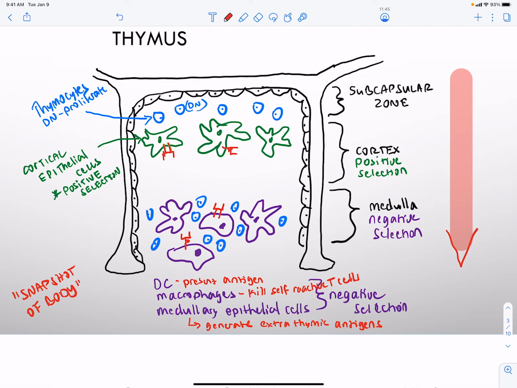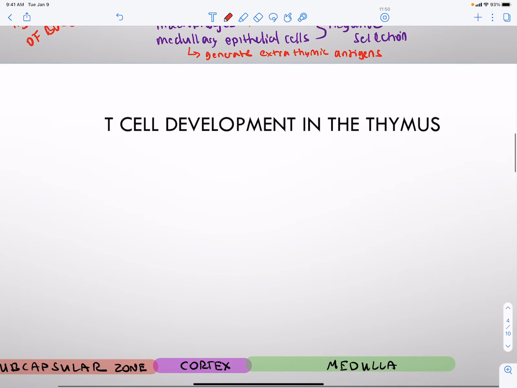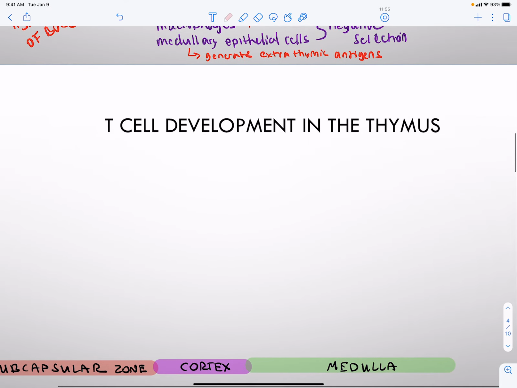Okay, so those are the main areas of the thymus, and those are the main cells of the thymus. So now let's talk about the development in the thymus of your T cells. So you're going to have a series of steps in order for your T cells to become a mature T cell. Now there's, in general, two types of T cell.